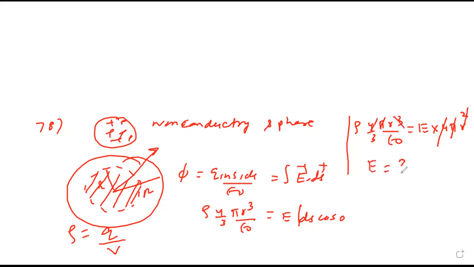So E is rho r upon 3 epsilon naught inside any point of a non-conducting sphere. Option C. Very important. Usually they will give you something in ratio. So how to get E? The shortcut method I told directly: charge inside upon epsilon by Gauss's theorem, and this is by definition. Equate that in case you forget the formula.